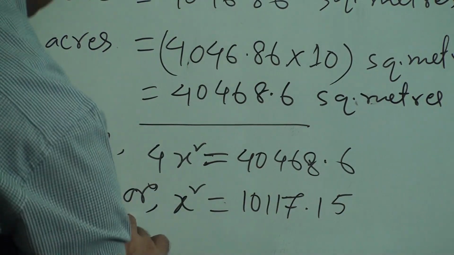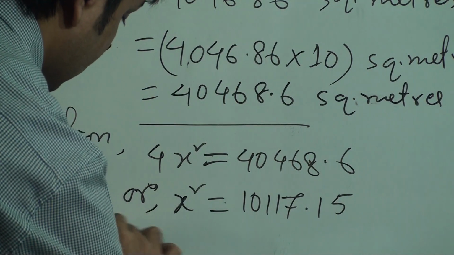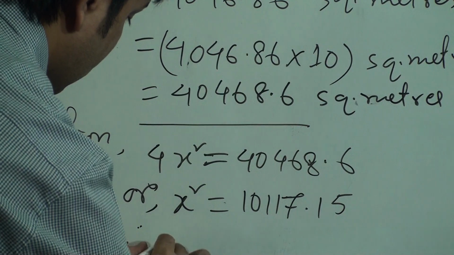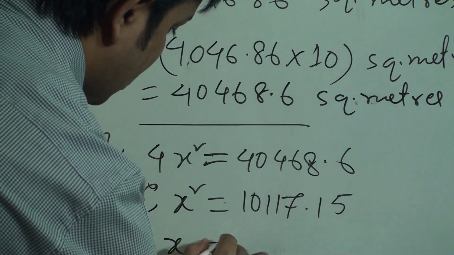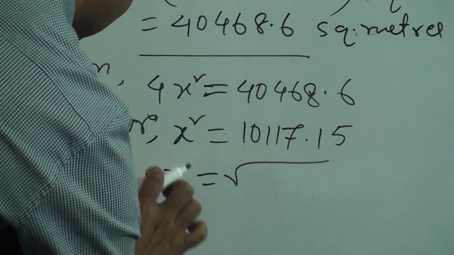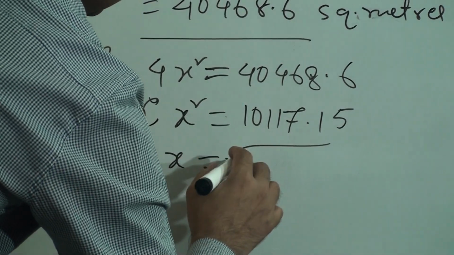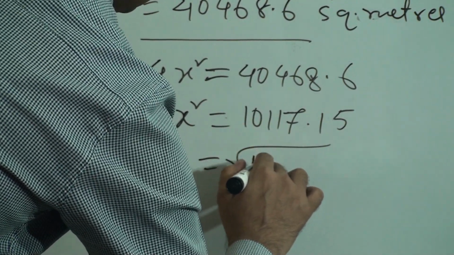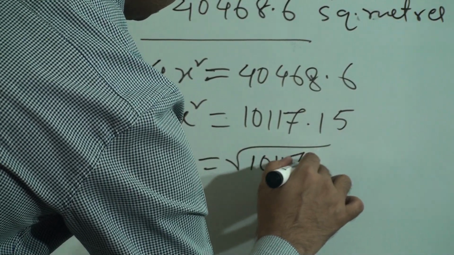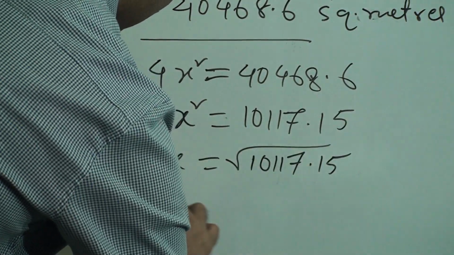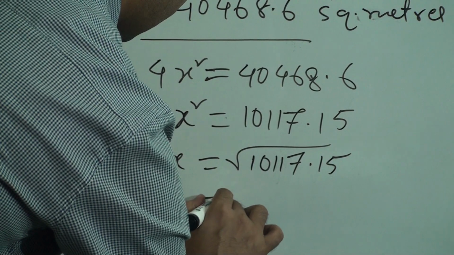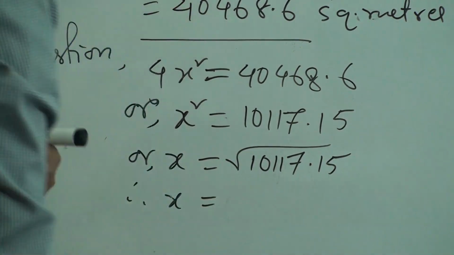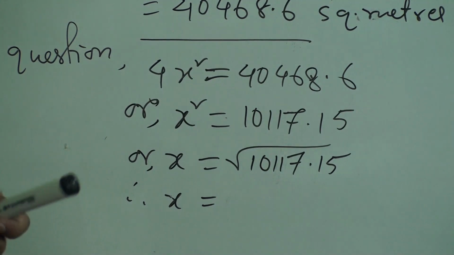If we take the square root of this number, we will get the value of x. Here the value of x is the square root of 10117.15, and that will be equal to, if we take the square root, what will be the value?